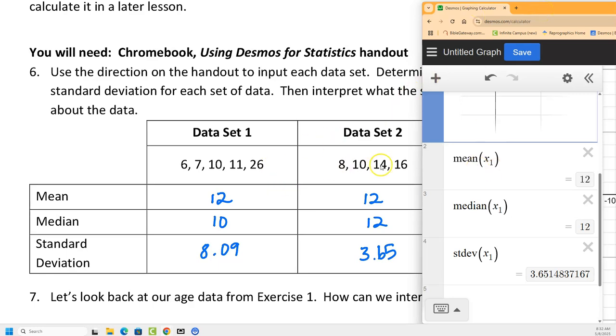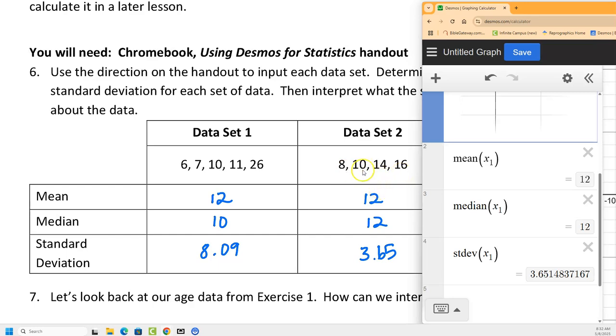Now, did you notice the number was smaller this time? We have 3.65 for the standard deviation as opposed to 8.09. So the data is more tightly together when you have a smaller number. And you can see data set 2 goes from 8 to 16. Well, you can see that the range alone there is 8, right?